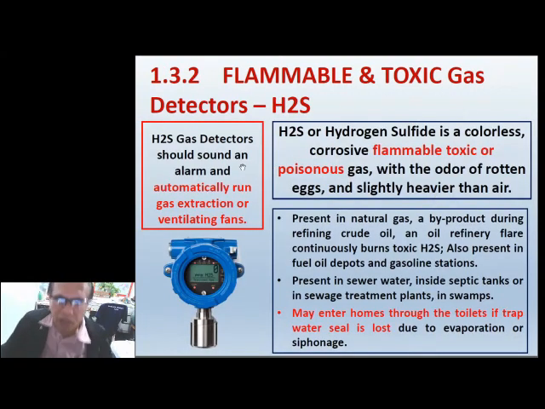Hydrogen sulfide, sinabi ko na, napakadelikado nito. Again, you should have a gas detector, hydrogen sulfide gas detector. Tapos magpapatunog ka ng alarma at kailangan higupin mo na palabas sa gusali yung H2S na yan, o hydrogen sulfide. H2S is colorless, corrosive, flammable, toxic, poisonous gas.